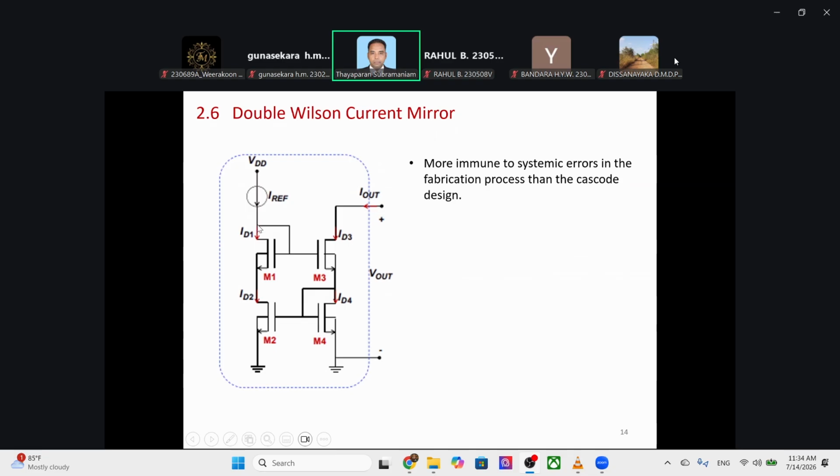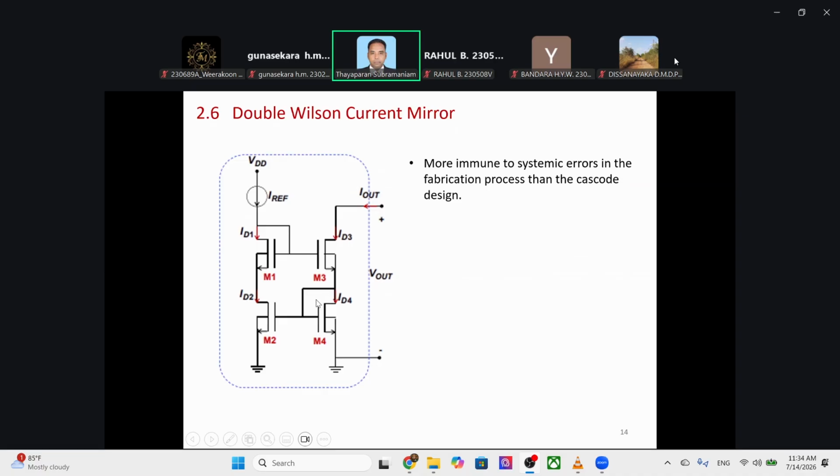Please note, since this transistor is shorted, that means gate is shorted to drain. This is the NMOS. Then what happens? The current here is fixed.